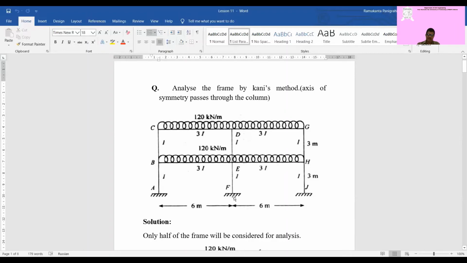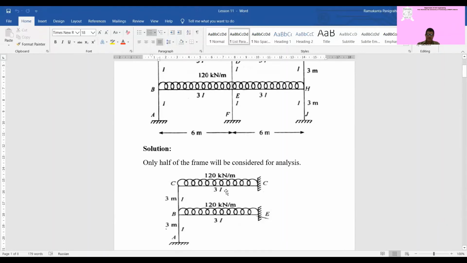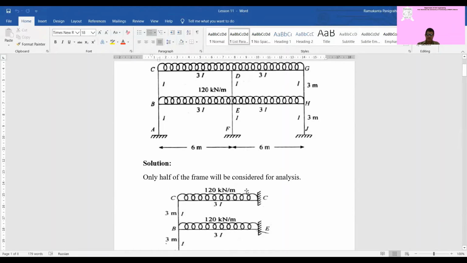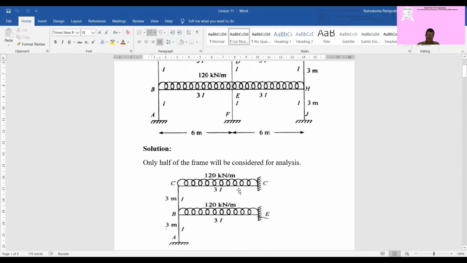Now here, the symmetry passes through the column. So this frame will now be considered for analysis. Take it from here, it is fixed here.